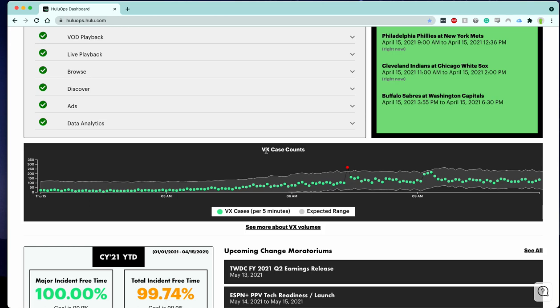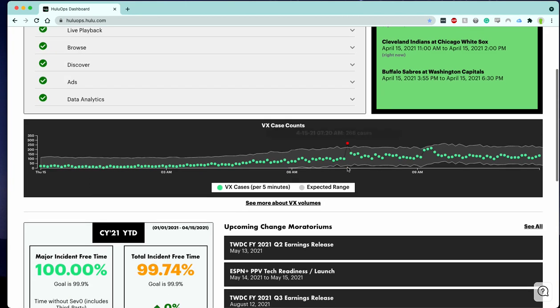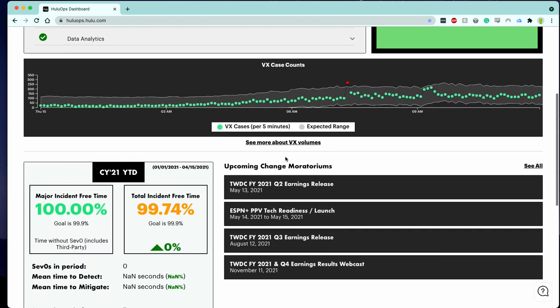So one, you could actually look at this as what is normal over a period of time. And then we see that at about 7:20 on 4/15, which is today, we have 268 cases, which is a pretty significant spike based on a previous baseline. And that's important to know. And we can deep dive into these VX call volumes. I'm not going to do that right now.